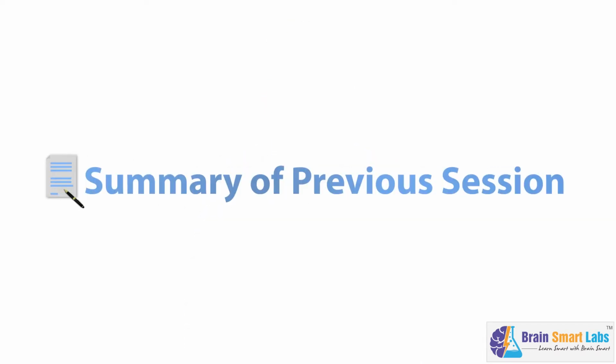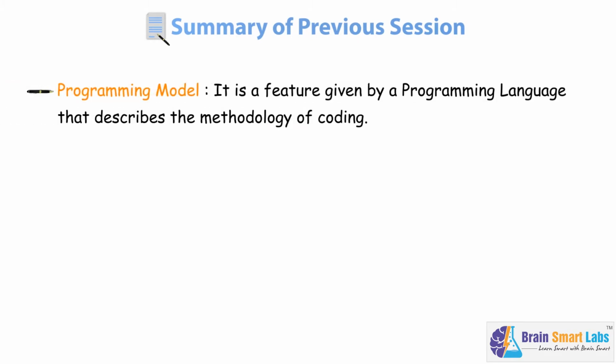More on OOPS concepts we'll be seeing in today's class, and before we enter that, let us take a quick recap on what we did in our previous session. In our previous session, a big intro to OOPS, we gave you the definition of a programming model, which says it is a feature given by a programming language that describes the methodology of coding.